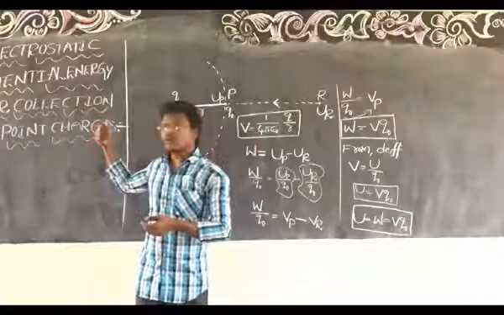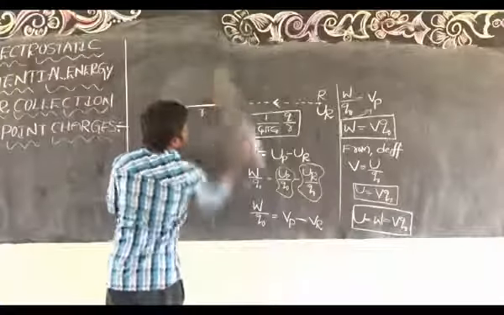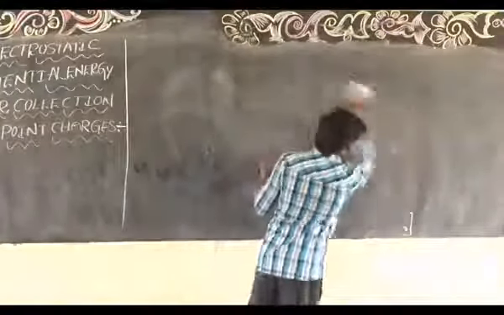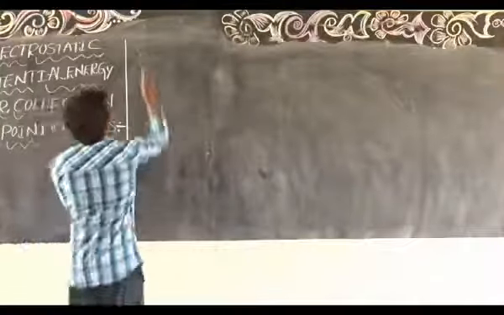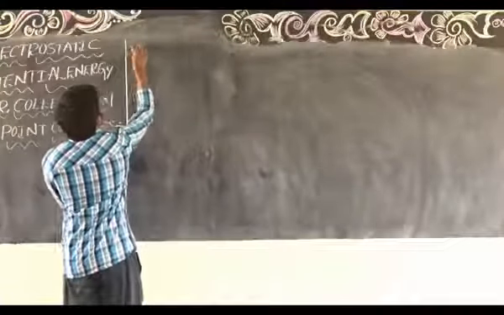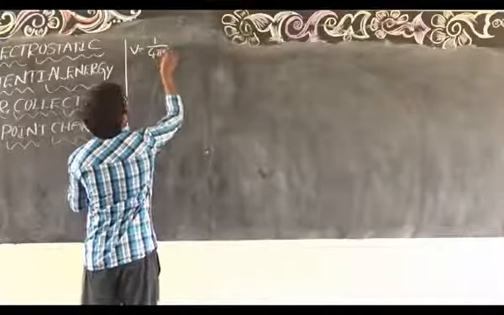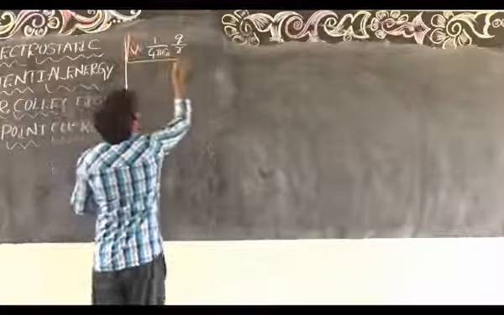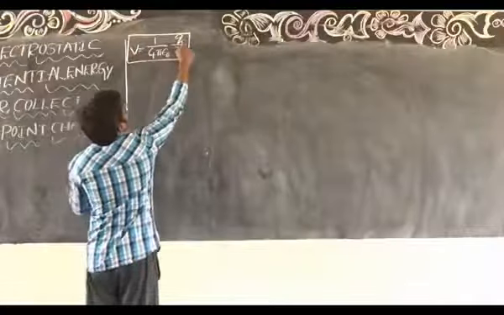Now we will go through our concept. Yes, you can write that. Then V is equal to 1 by 4 pi epsilon naught into Q by R. This is the source charge.